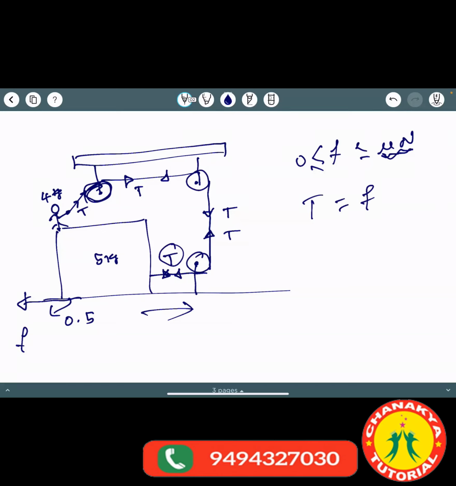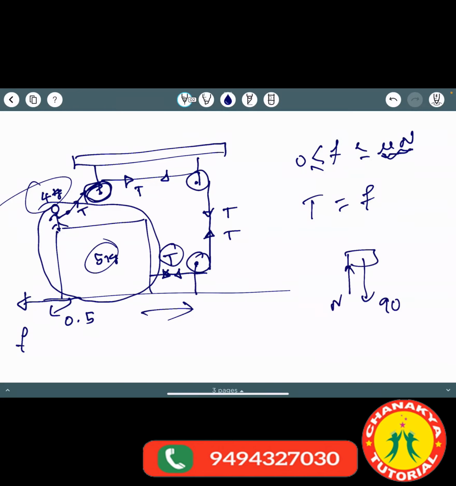So tell me now what I should do. If I see this boy and this block as my system, then what is the mg acting downwards? 5 plus 4 kg, that is 90, correct? And from the ground there is a normal reaction N. But again, there is one more thing acting on this block in the vertical direction.